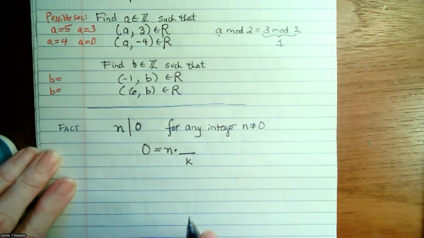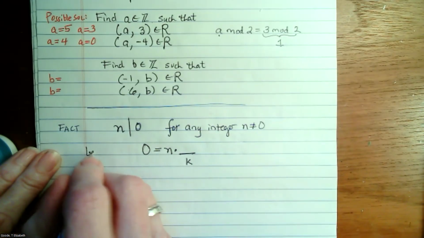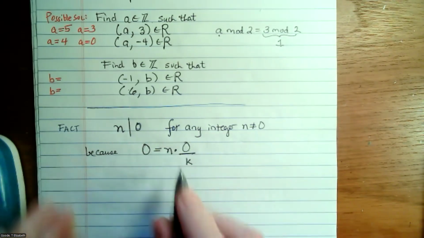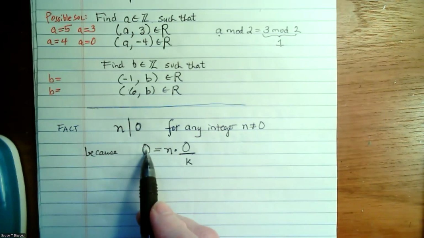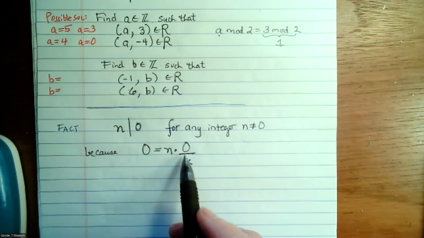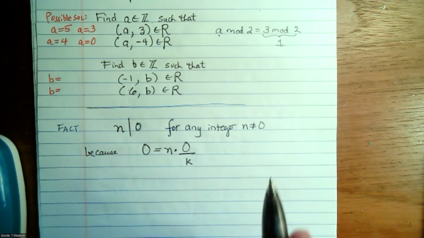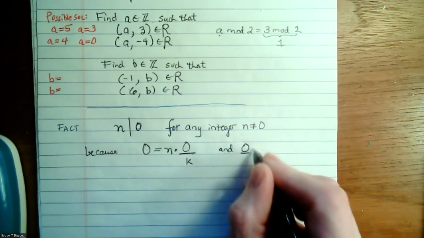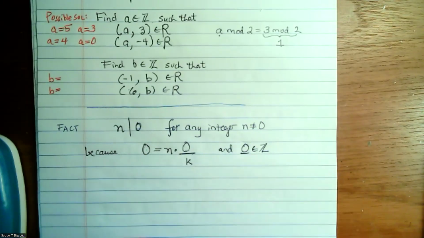What is the integer? 0. Yeah. And that's just the weird thing that happens when 0 is the product: 0 is also the factor. And this is an integer.